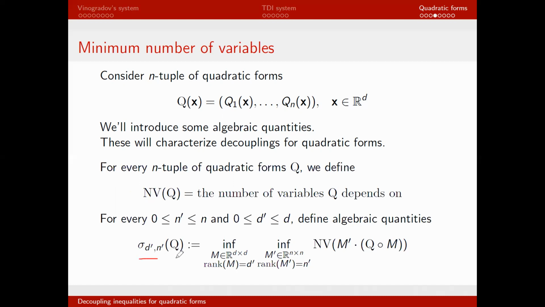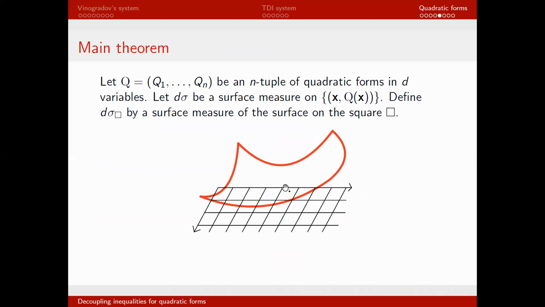And then we define this algebraic quantity. Two matrices appear in the definition. Here, matrix M restricts the domain of our quadratic form, and the matrix M prime restricts the range of our quadratic form. So we defined our algebraic quantities.